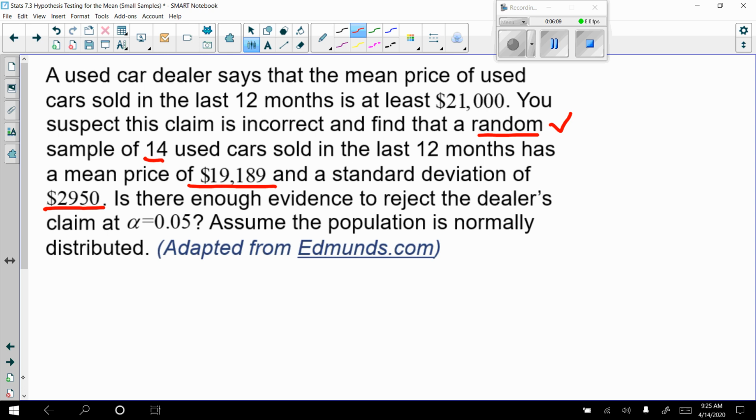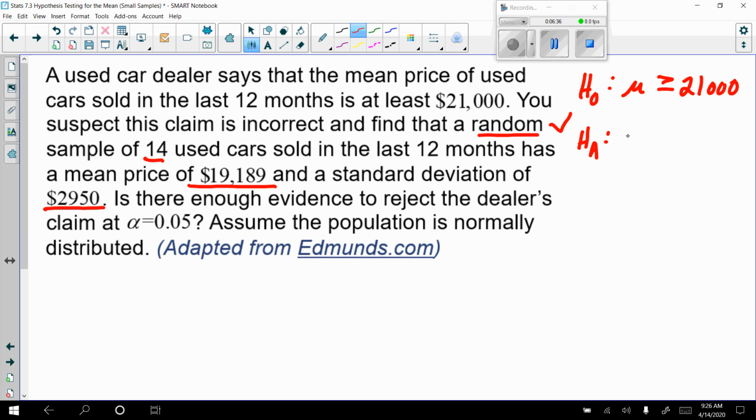Okay, so let's write down what we know. We need a null hypothesis and an alternate hypothesis. The dealer's claim is that he has the mean price that he has sold is at least $21,000. You're trying to reject that claim. So the mean price is greater than or equal to 21,000.